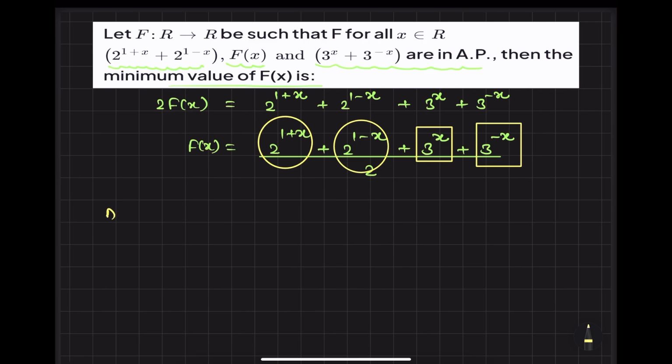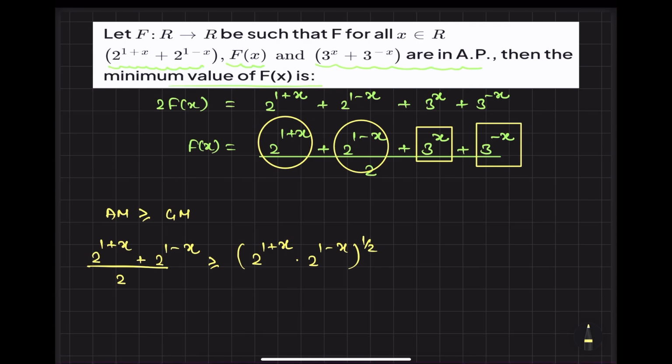So here we will apply AM greater than or equal to GM, meaning 2 power 1 plus x plus 2 power 1 minus x upon 2 is greater than or equal to (2 power 1 plus x times 2 power 1 minus x) power 1 by 2.